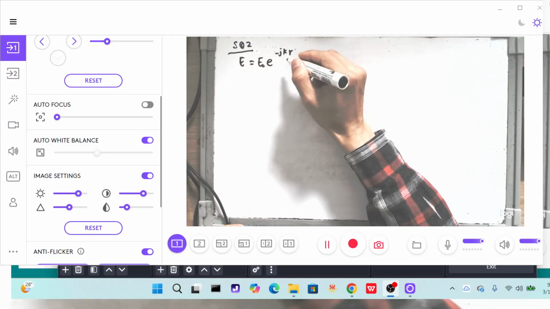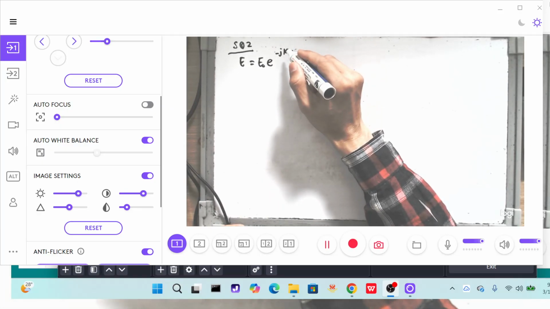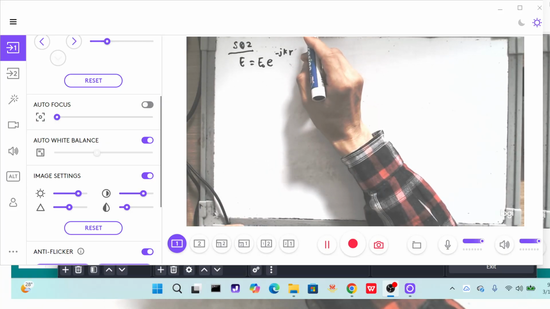This is the typical expression for the far field, where k is the wave number and R is the distance.